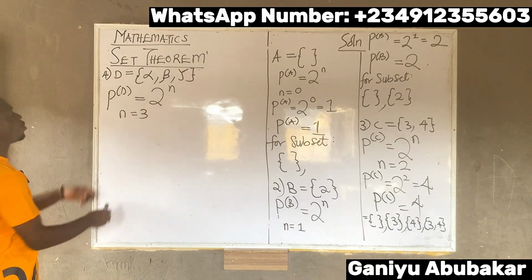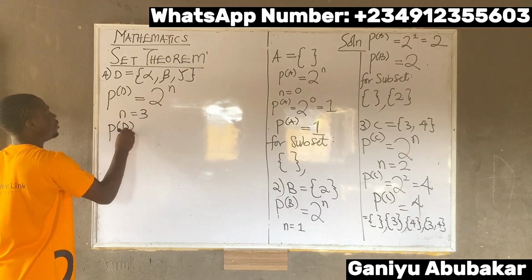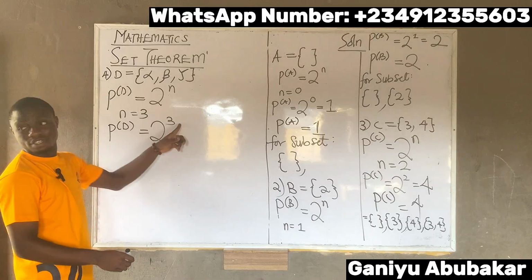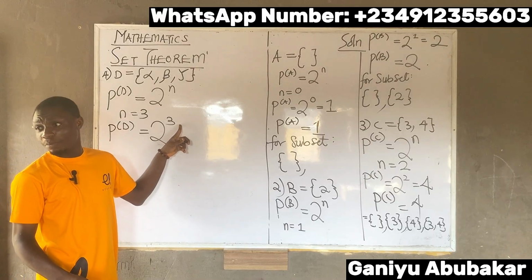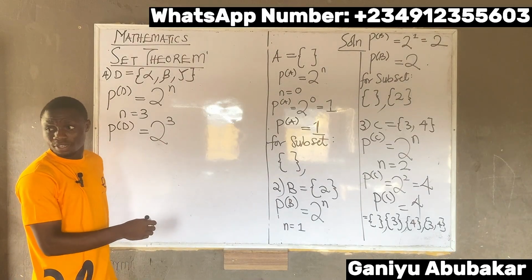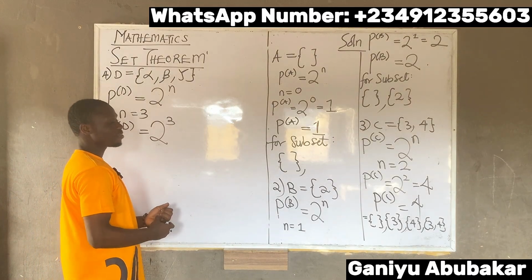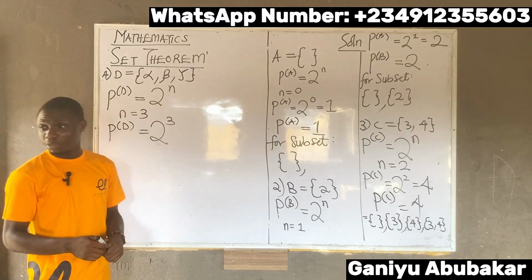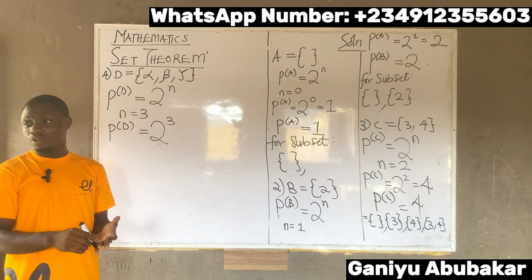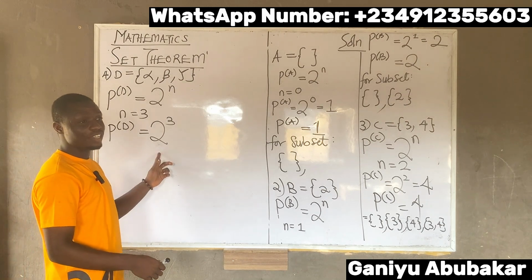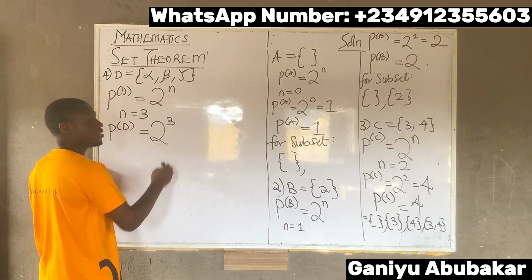Now, if I put this, it gives you what? P to power of what? D equal to what there? P to power 3, right? What's 2 to power 3?